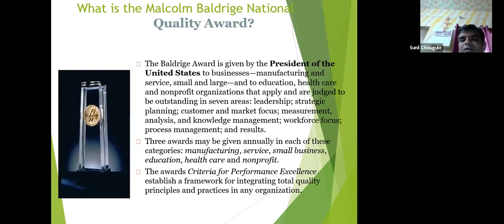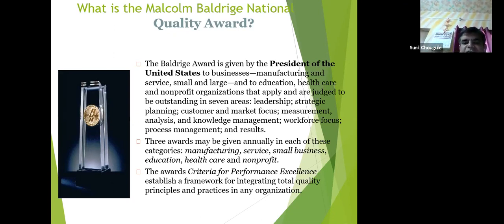Now, 3 awards may be given annually in each of these categories. Which are those categories? Manufacturing, service, small business, education, healthcare, and non-profit. The award criteria for performance excellence establish a framework. There is a certain framework.